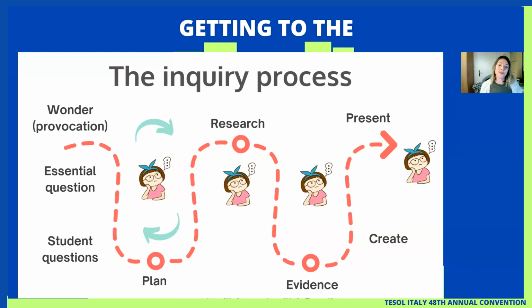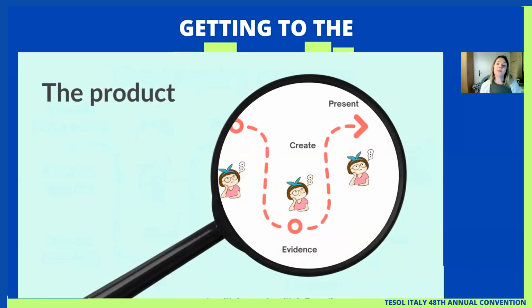So now we need to create the product. The product is something that students create. They'll probably do this in groups, and it demonstrates their answers to the essential question. Students can choose to demonstrate their learning in different ways, and for me, offering students choice in this is really important.